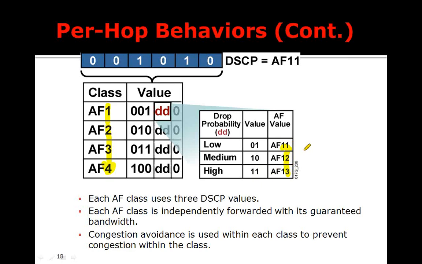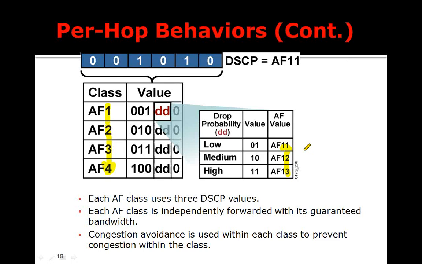An AF11 is the least important of the AFs, but it has the lowest probability of being dropped. AF13 is the least important traffic in this situation, because AF13 has the least priority of the AFs, but the highest probability of being dropped.